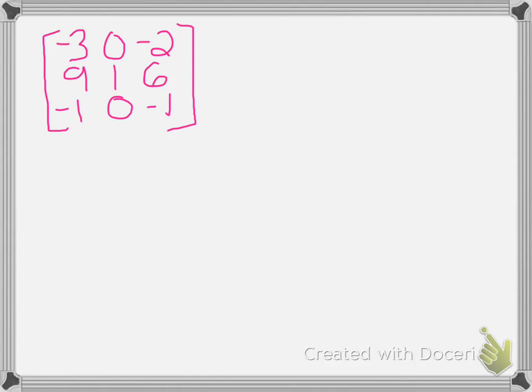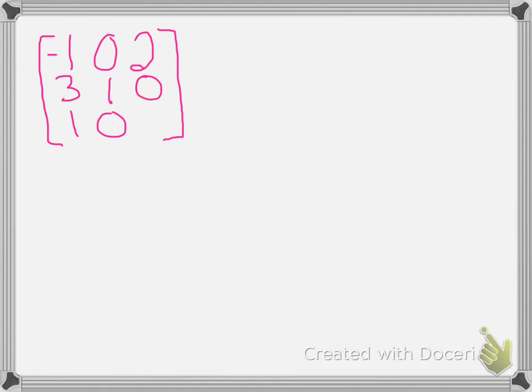Okay. So if we remember from our first page, our original matrix is -1, 0, 2, 3, 1, 0, 1, 0, -3.